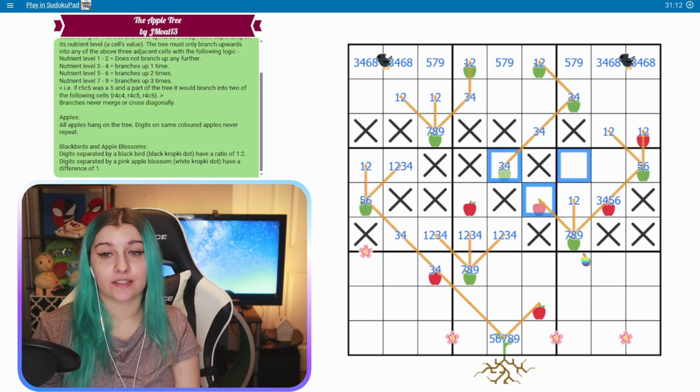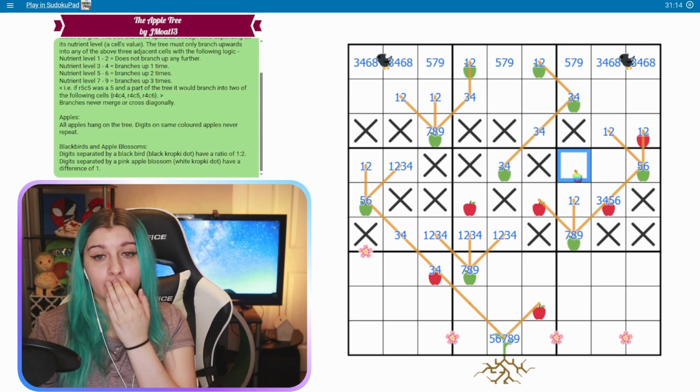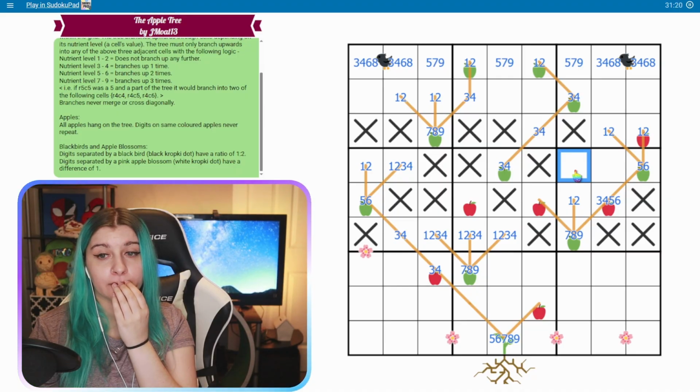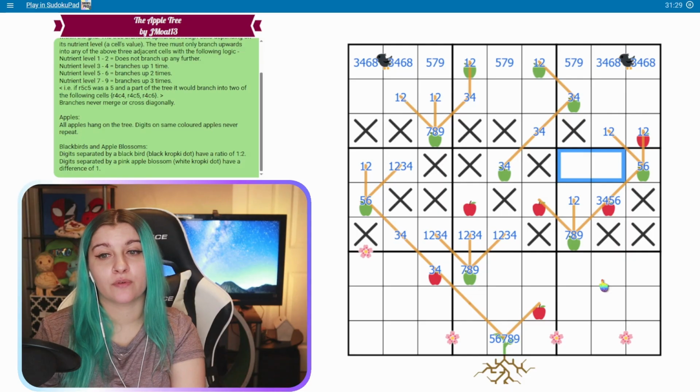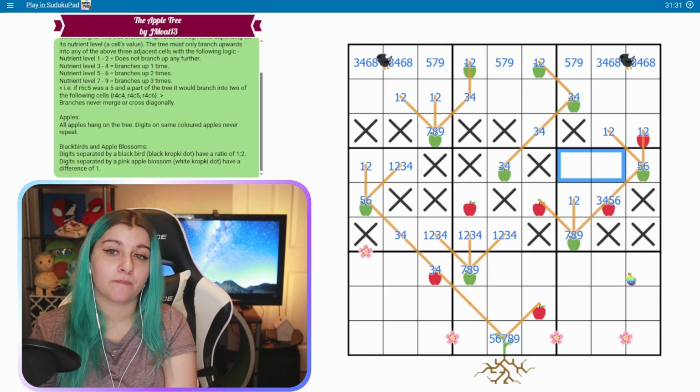I could go like this. Here, what do I know? This is a 1, 2. This is a 3, 4. My other 1, 2, 3, 4 for this row is going to be one of these.